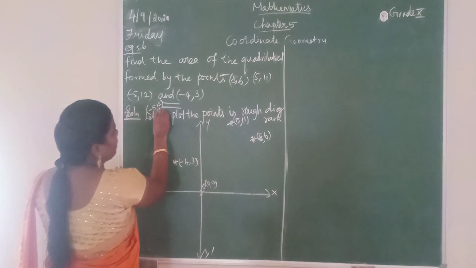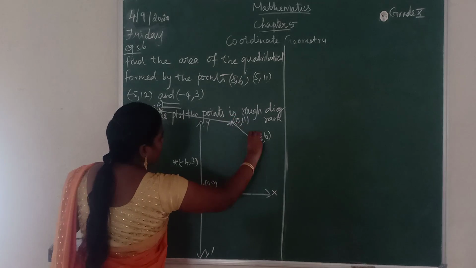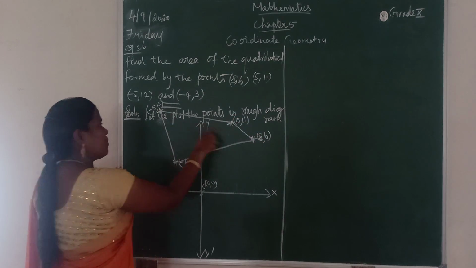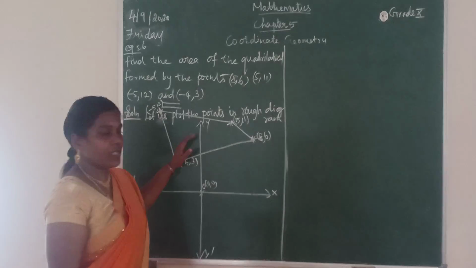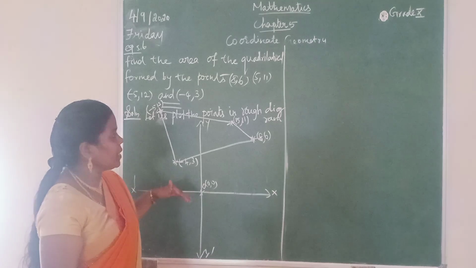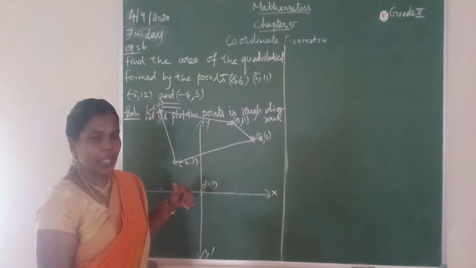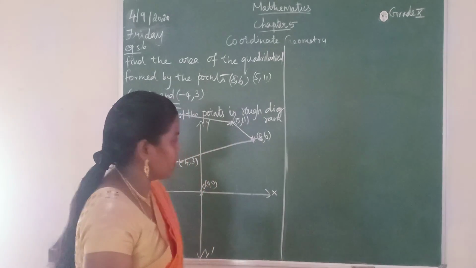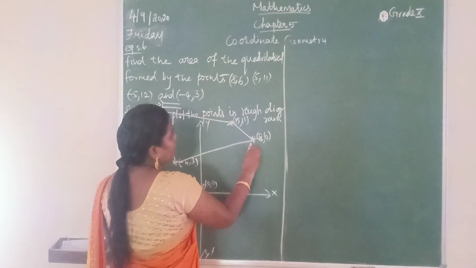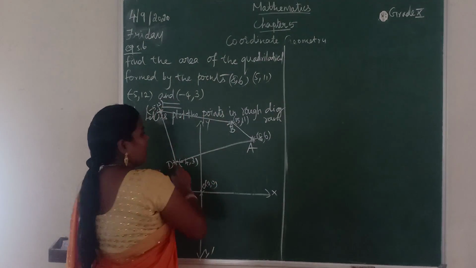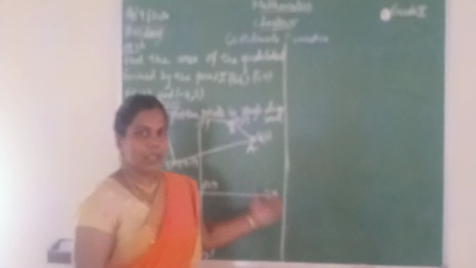Let's join the 4 points and we get a quadrilateral, the closed figure made by 4 line segments. Just name it ABCD anti-clockwise, because sometimes we get a negative area, so we have to name it anti-clockwise. Let's name it A, B is here, C, D. As you wish you can name it anti-clockwise.